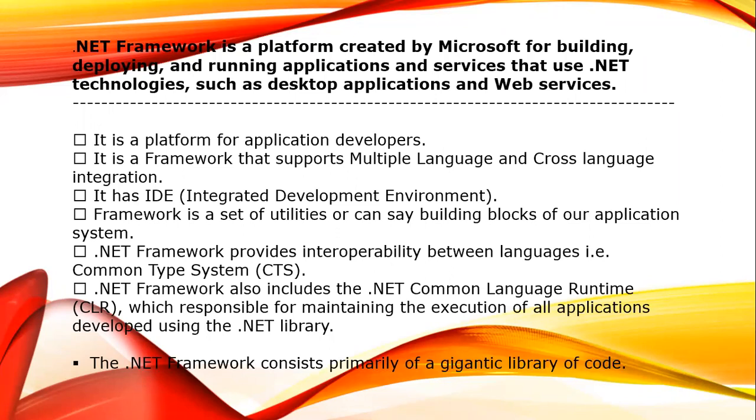Then the framework is a set of utilities, or you can say building blocks, of our application system. The .NET framework provides interoperability between languages, that is the common type system. So you can switch between common languages by using the common type system. The .NET framework also includes the .NET common language runtime, which is responsible for maintaining the execution of all applications developed using .NET libraries.